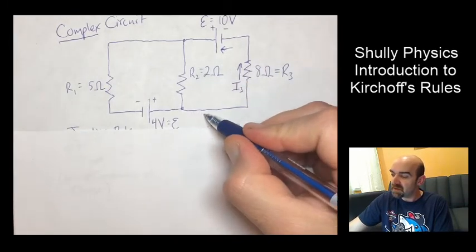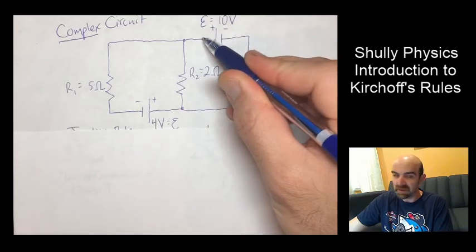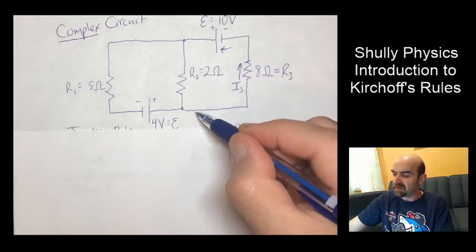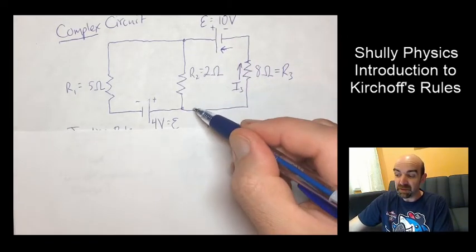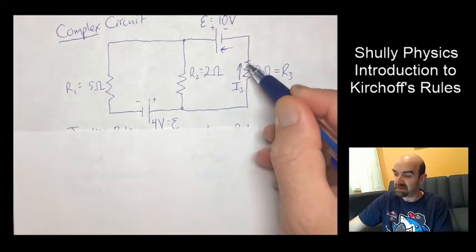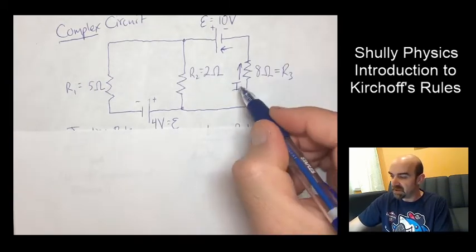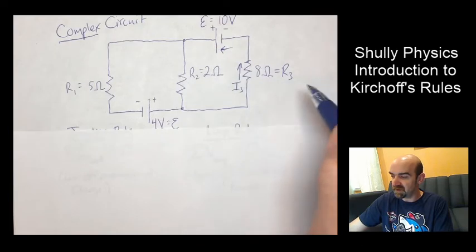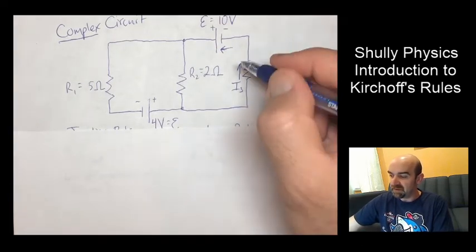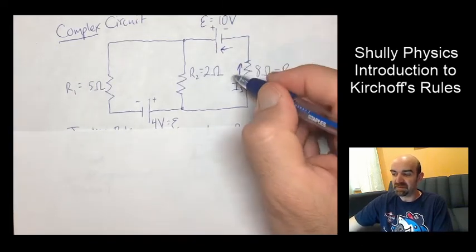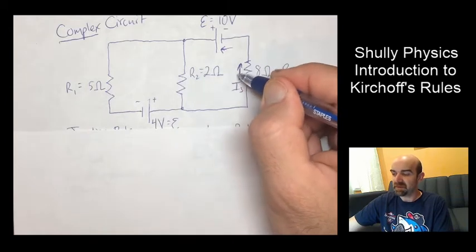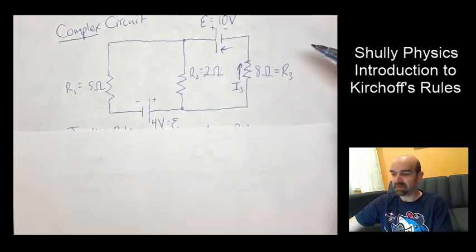That current is going to be in this branch of the circuit. Now, if I did have another resistor down here, I3 would be passing through that resistor as well. That's just something to take note of. So I3 passes through the 10 volts and through this 8 ohm resistor. I'm defining the direction as a counterclockwise kind of flow.